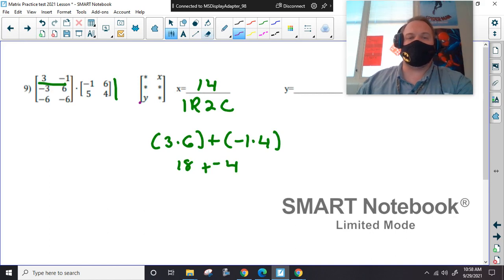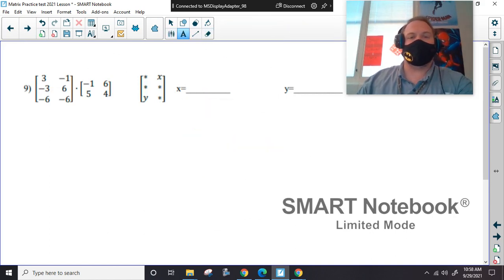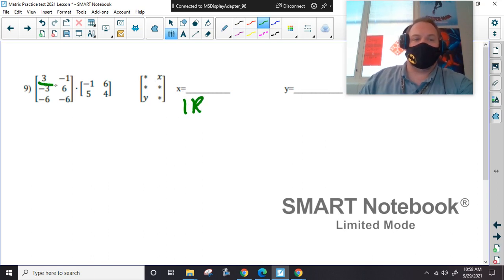Okay. So let's step this all back over again for those that need a little extra review. All right. So where is X in my answer matrix right here? It's the first row, second column.